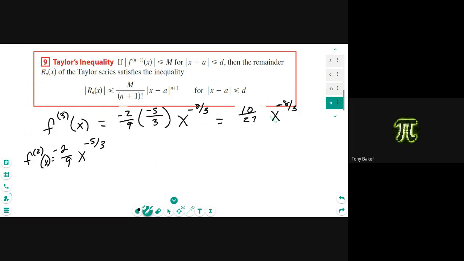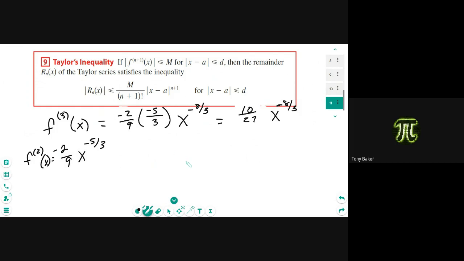So we have our third degree now, or our third derivative. So I know that m value is going to be somewhere between the 7 to the 8 thirds.